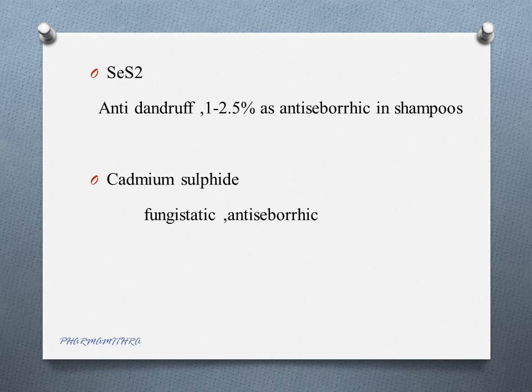Anti-seborrheic means it will relieve the symptoms of seborrhea, that is, break up the oil and remove the flakes. The anti-seborrheic preparations, including selenium sulfide and cadmium sulfide, will remove the excess oil and break up the oils and flakes present in our hair.